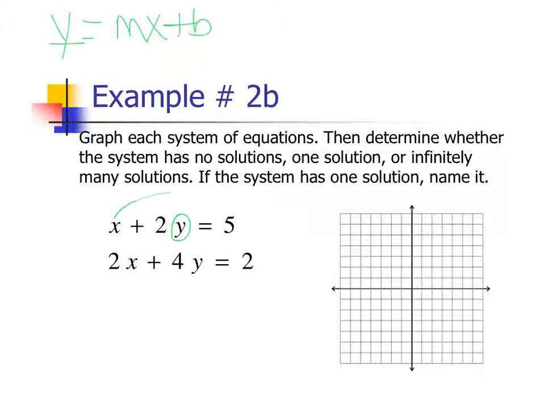So I've got to get rid of everything with the y. So basically what I'm doing is I'm picking up this x and I'm moving it to the other side. And when I do that, it becomes negative. So I don't have an x over here now. But I still have a 2 in front of that y. And remember, when I have a number in front of a variable, it means multiplication. So I have to divide.